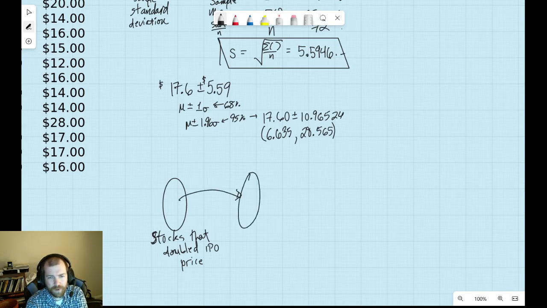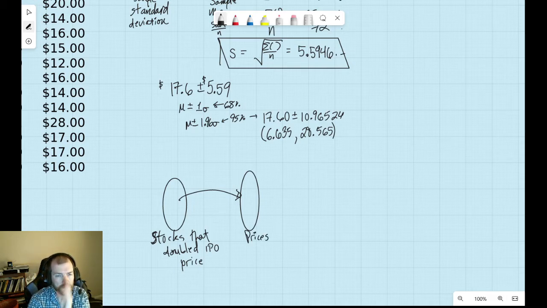And then our output over here is going to be their prices. And so many people make that assumption that, again, based on their prices, they could then predict whether or not these things will double. And it's just not how the statistics works. It doesn't invert at all.